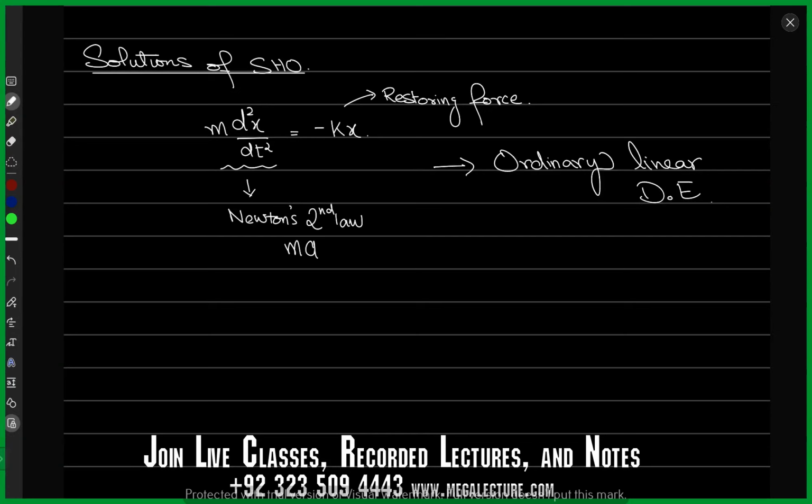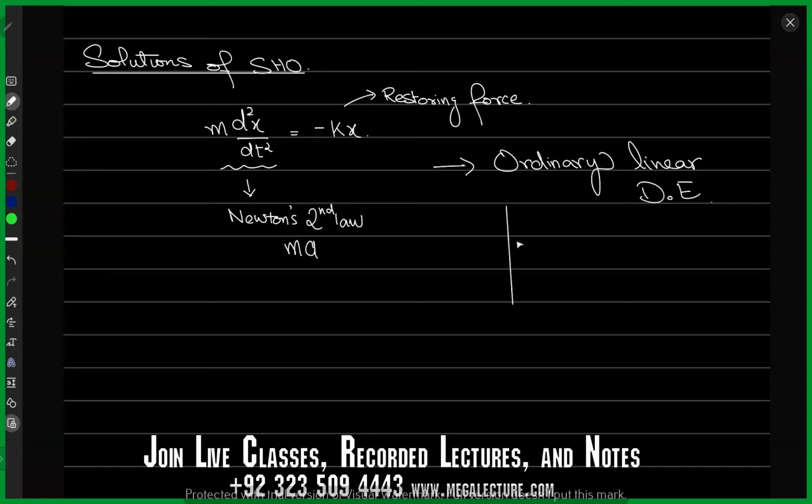We are not going to do the mathematics of all of that. It's sufficient to know that the solution of this type of equation, from expectations, you would expect to be a sinusoidal solution, meaning a periodic solution, something that repeats itself.